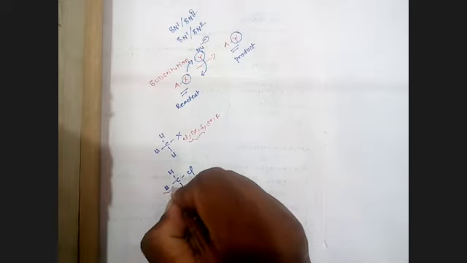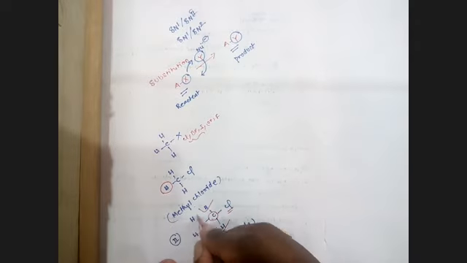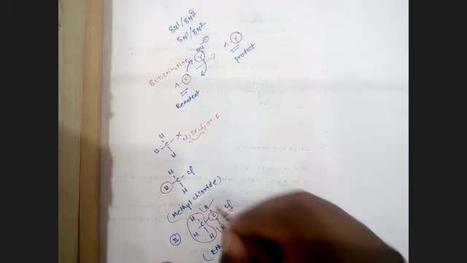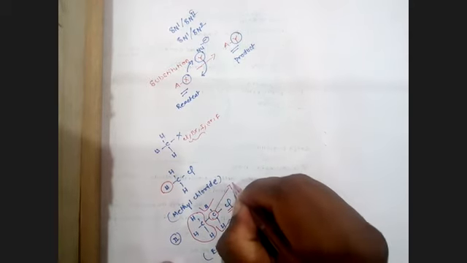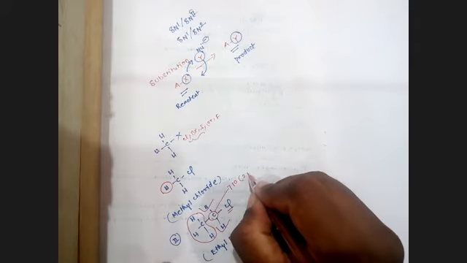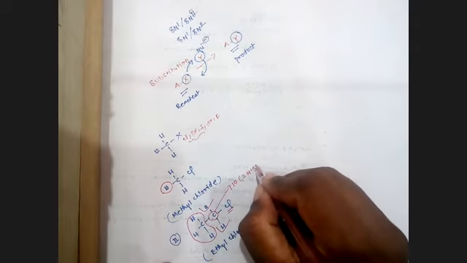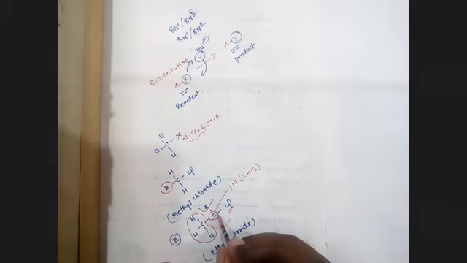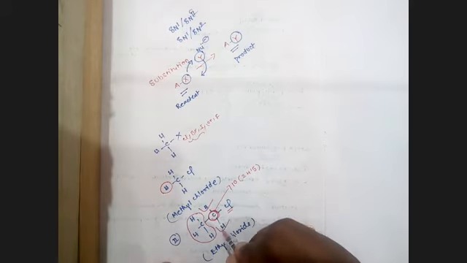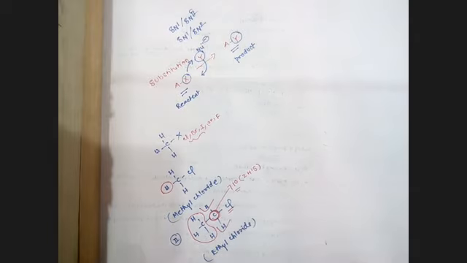In methyl chloride, if one hydrogen is replaced with another alkyl group like methyl, it is known as a primary alkyl halide. Just remind yourself: a halogen-containing carbon with two hydrogens is a primary alkyl halide.